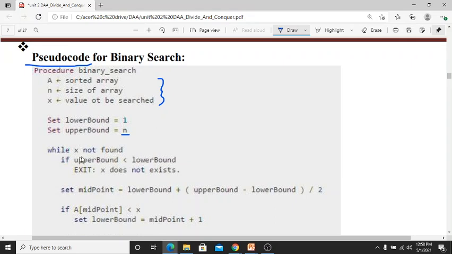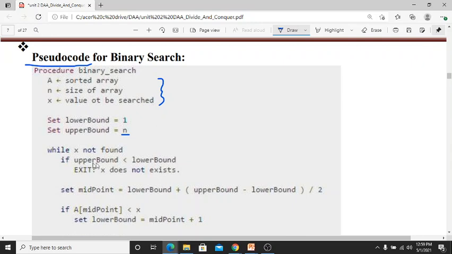While x is not found, whatever value you are searching, if the upper bound is less than the lower bound, exit, x does not exist.